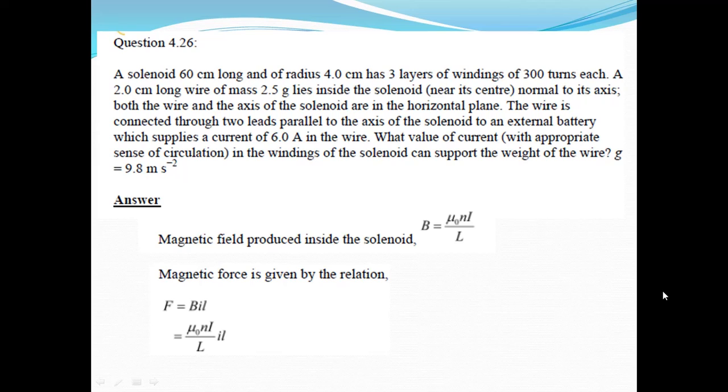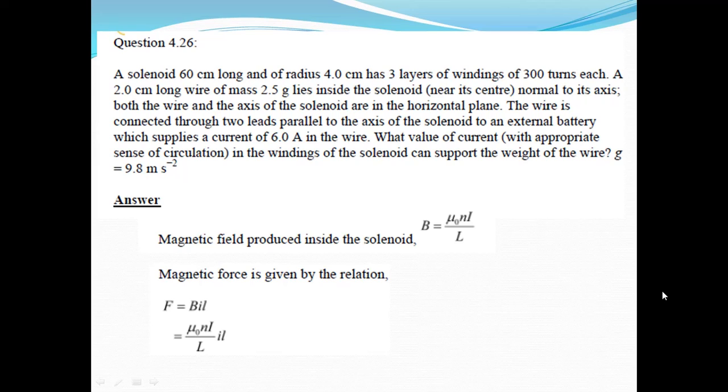Next question. A solenoid 60 centimeter long and of radius 4 centimeter has 3 layers of windings of 300 turns each. A 2 centimeter long wire of mass 2.5 gram lies inside the solenoid near its center normal to its axis. Both the wire and the axis of the solenoid are in the horizontal plane.